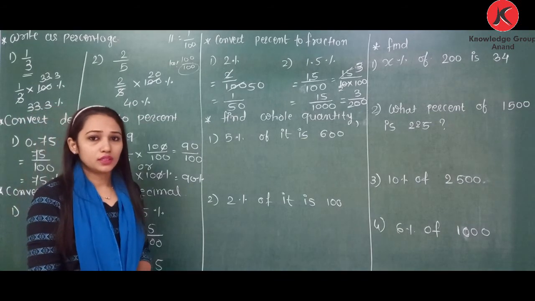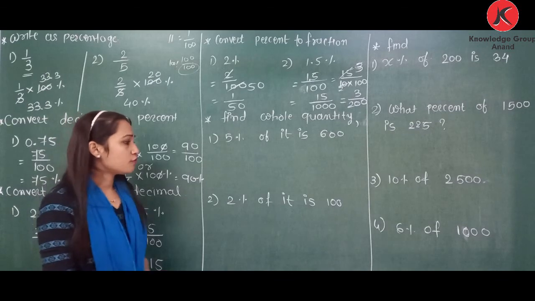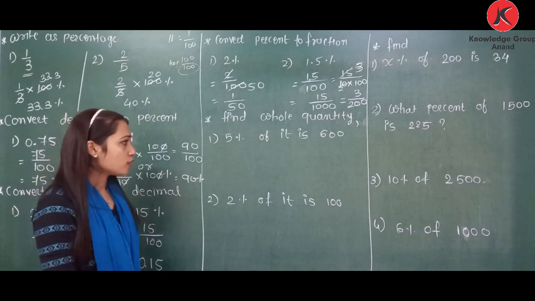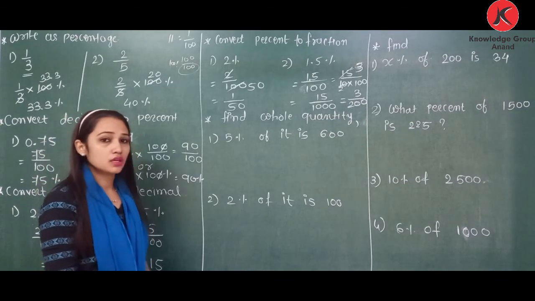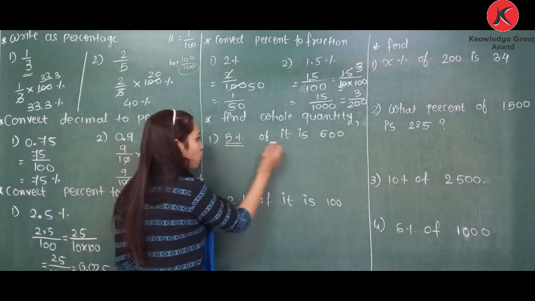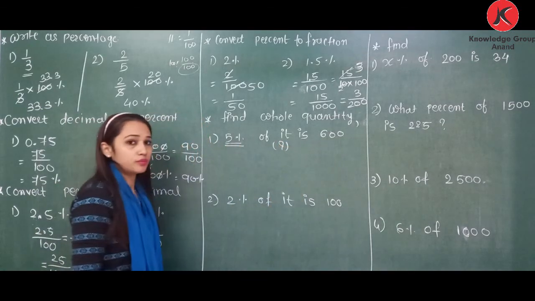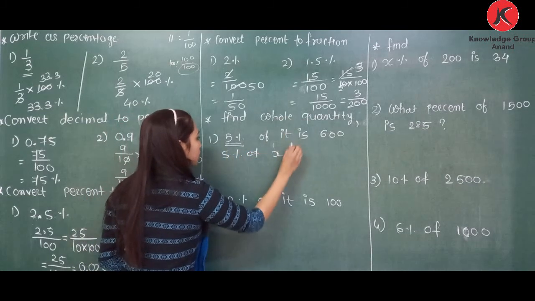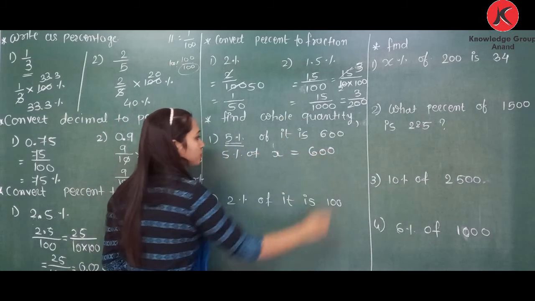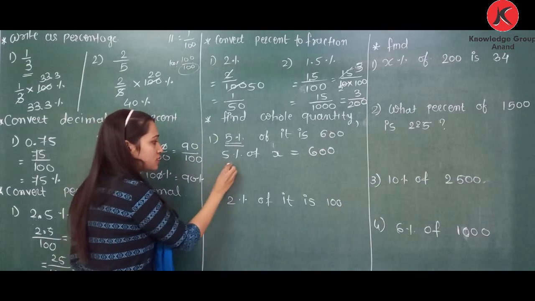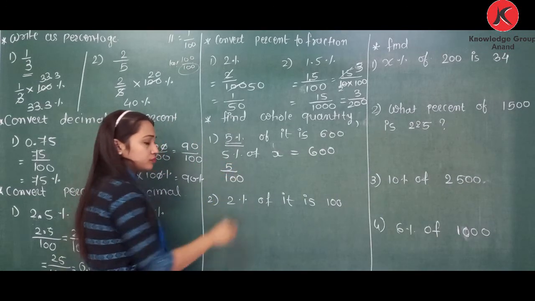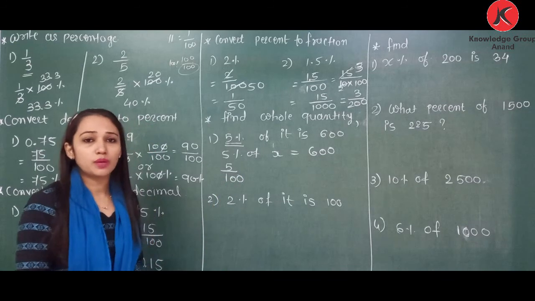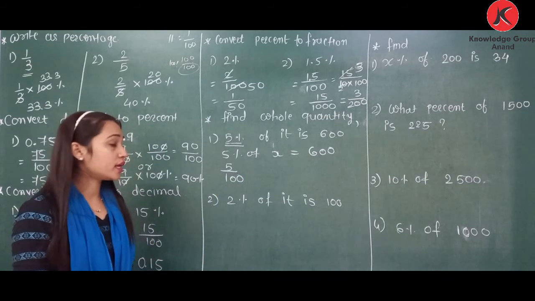Find the whole quantity. This kind of example is given in your textbook. 5% of x is 600. Means 5% of what is 600? So the question is: 5% of x is 600. Now percentage is written as 5 by 100. In the fraction chapter we learned about the operator of.